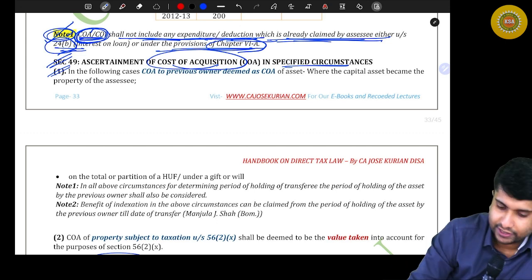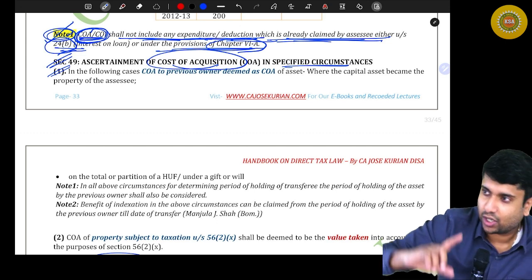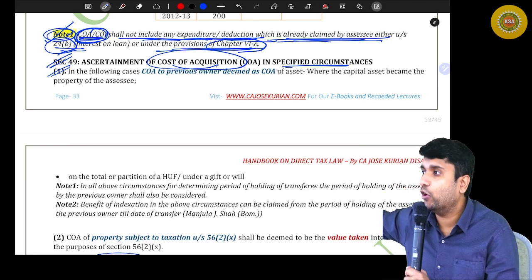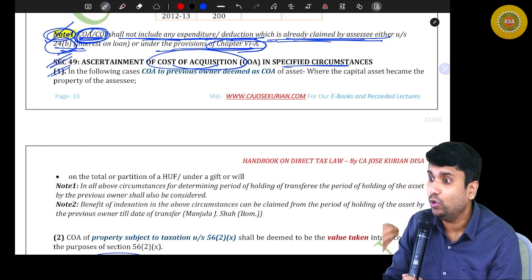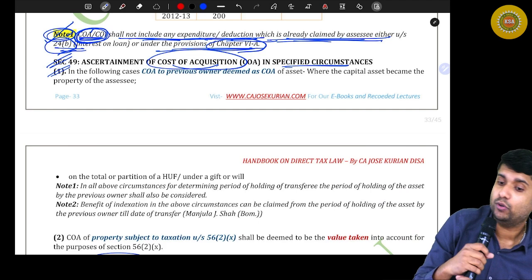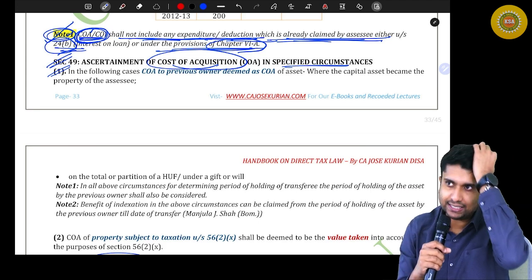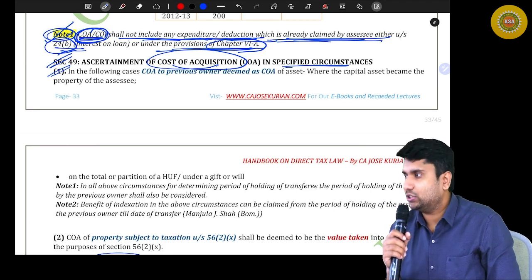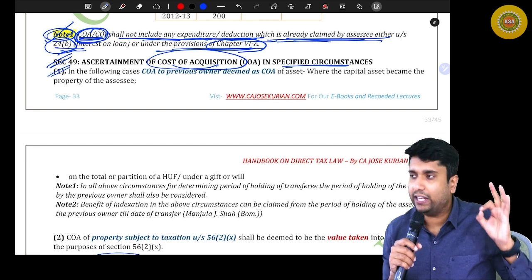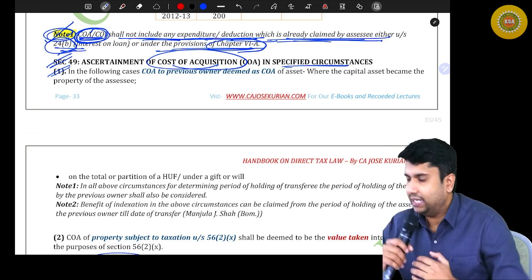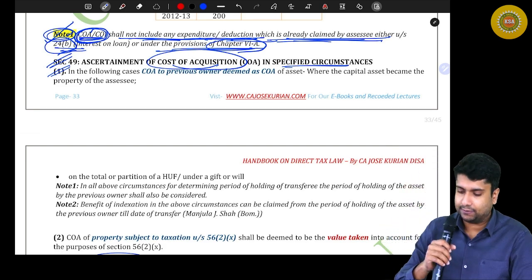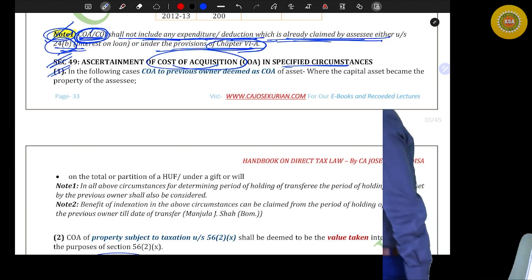Very simple. In certain circumstances, when you compute cost of acquisition, you have to mandatorily follow the things which we are about to discuss right now. Let's understand which all are the circumstances.